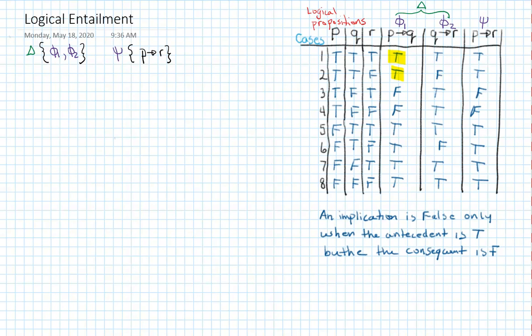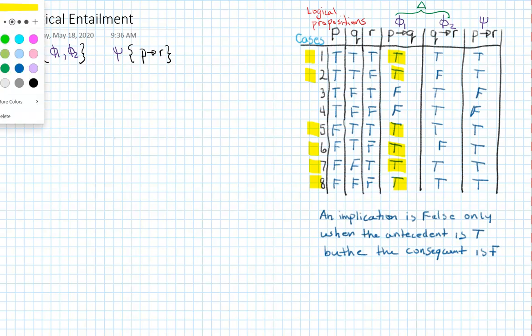Fix that. Okay. But it's true here, here, here, and here. I also like to come over here and put a little marker over here. True, true, true, true, true, true. So phi 1 is true in 6 out of the 8 cases.